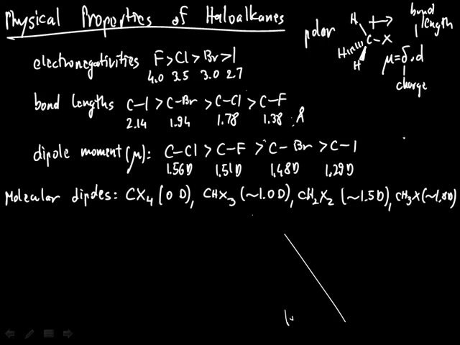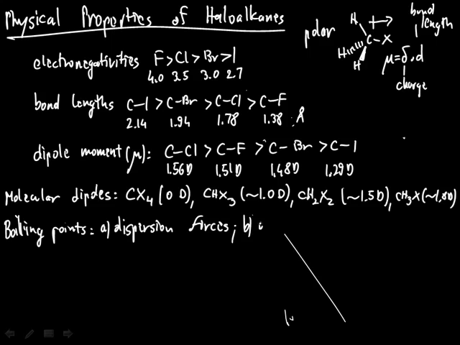Okay. When it comes to boiling points of these compounds, they are determined by London dispersion forces and the dipole-dipole interactions. The dispersion forces, as you remember, are forces that hold all molecules together and are proportional to surface area, while the dipole-dipole interactions are holding together polar molecules, and they're related to differences in polarity between different molecules.